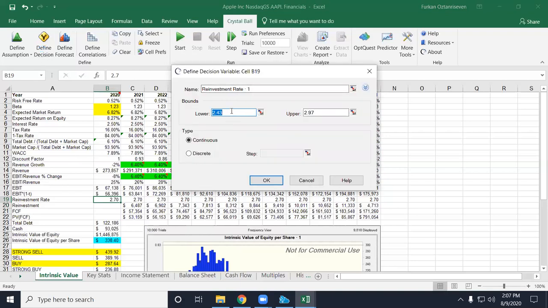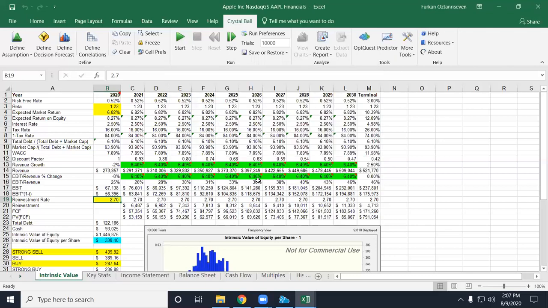Let's say, what if the reinvestment rate is between 2.4 and 3. And again, let's choose discrete, and let's increase our steps by 0.1 at a time to see what that would give us.